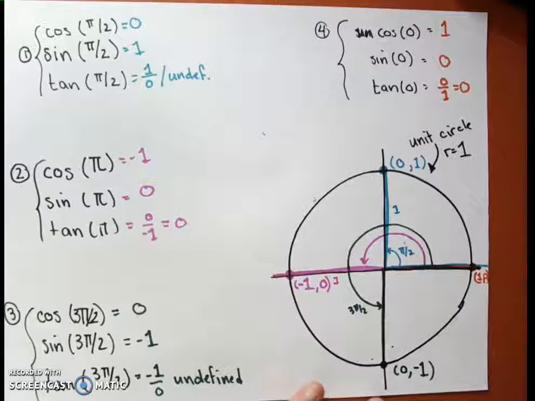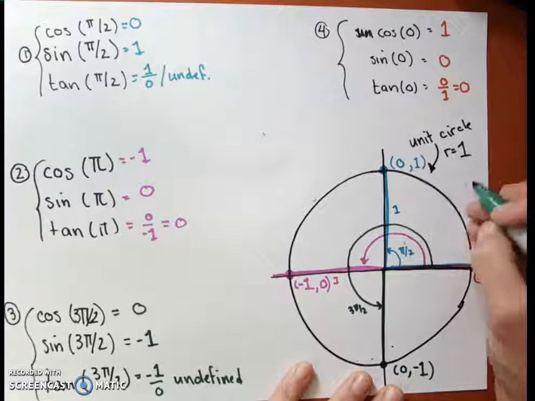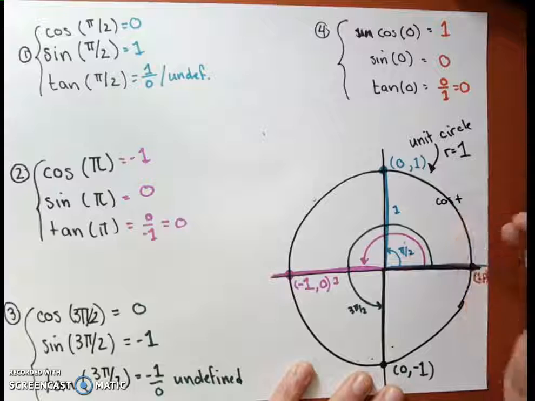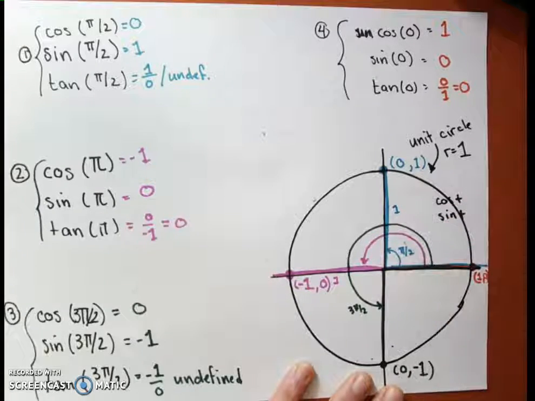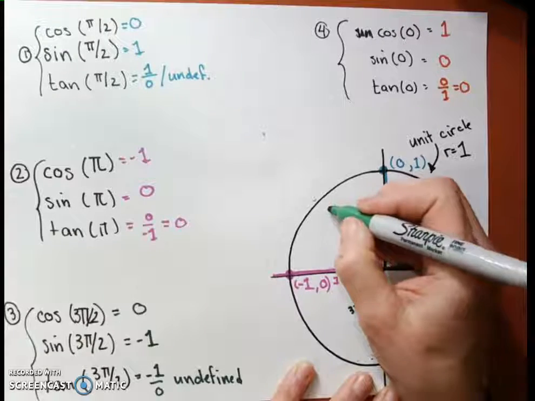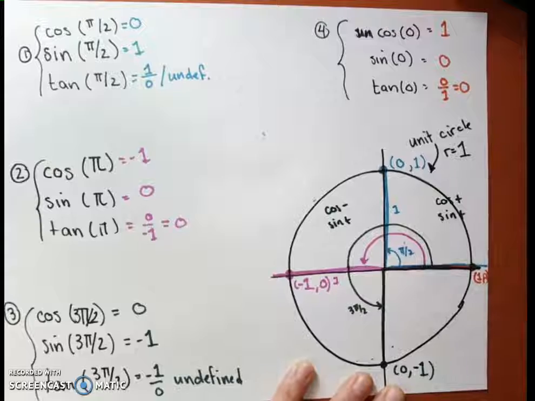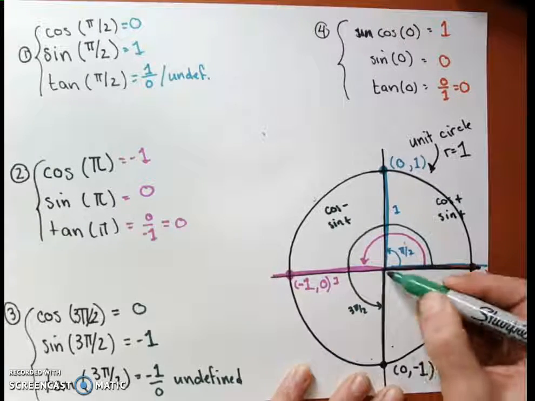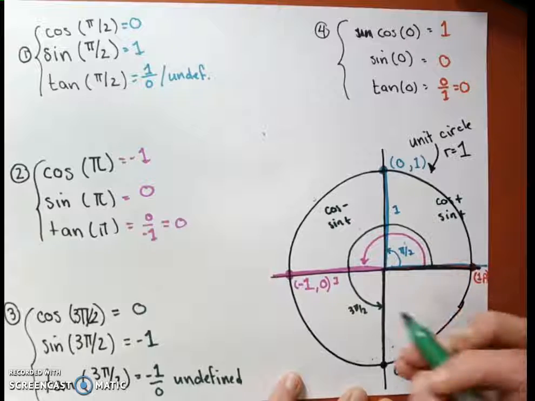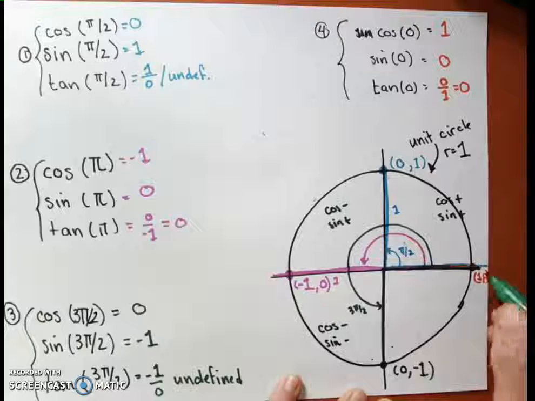A couple more things that you might notice are that in this quadrant, cosine is positive and sine is also positive because both the x and y values are positive. In this quadrant, cosine is negative and sine is positive. In this quadrant, because x values and y values are both negative, we have cosine is negative and sine is negative.